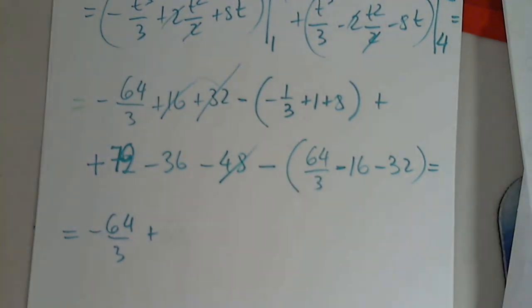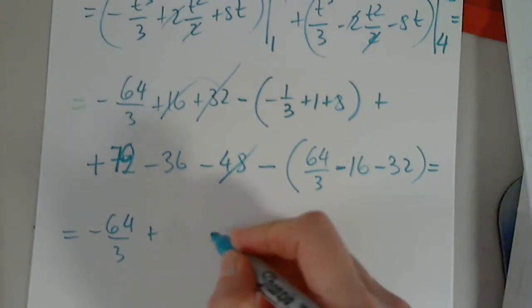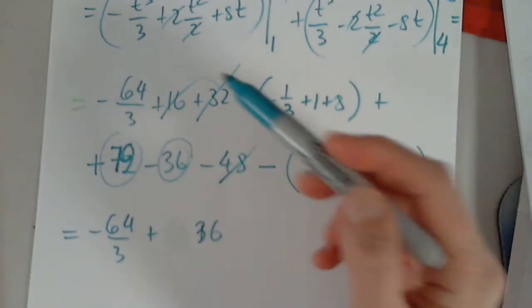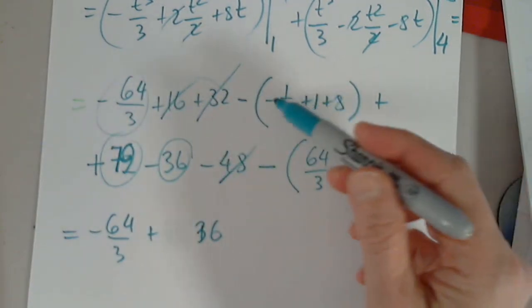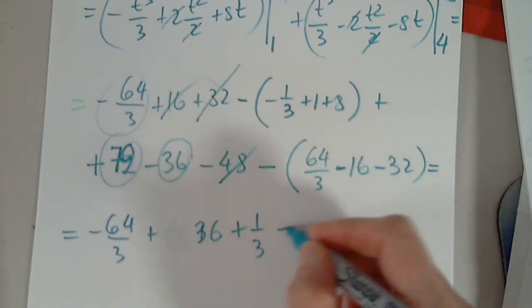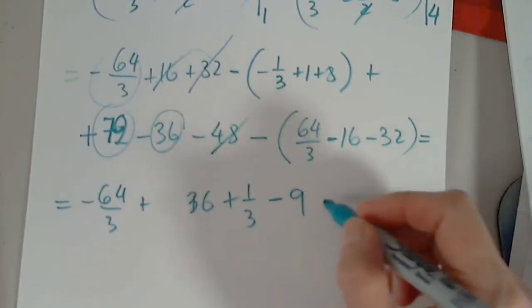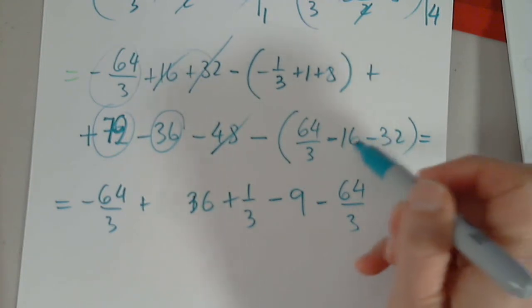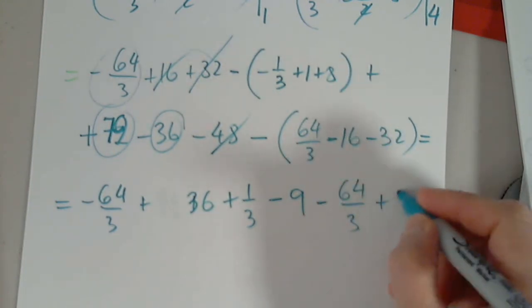And then I have 72 minus 36, which is 36. So these are done. This is done. This is positive 1/3. And this is positive 9, but minus 9. And this is minus 64 over 3. And this is again negative 48, but positive 48.